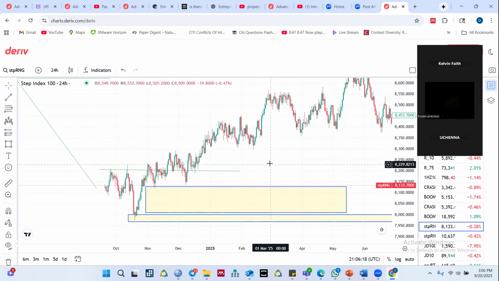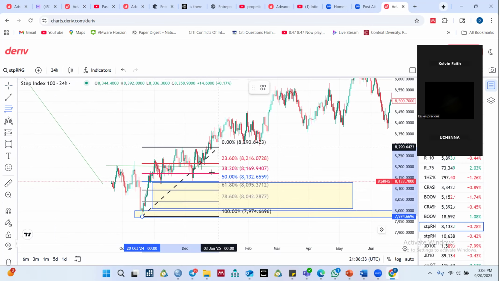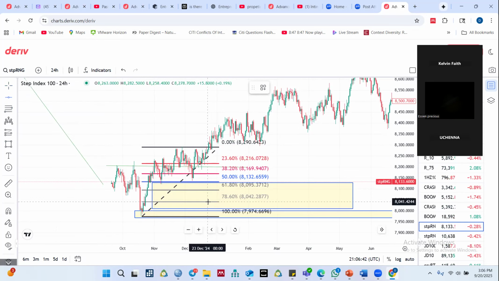So the most important area that we would expect price to come to, from what we've been learning, is after the break of structure, we get the range. We would target price at either 61.8% or 78.6%.